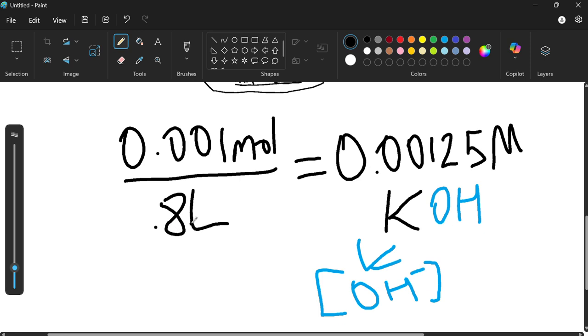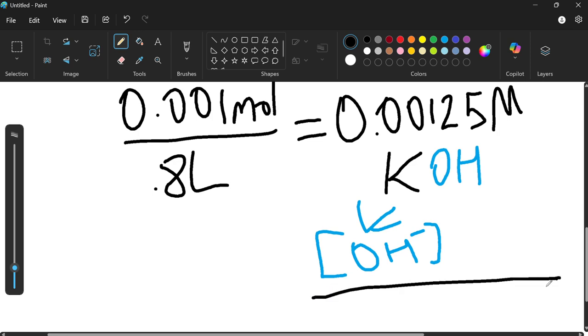Remember, convert to liters, and it will give me this concentration. And so now that we have the concentration of KOH, remember, because it's fully ionizing, since KOH breaks into K plus and OH minus, the concentration is 1 to 1 with the compound, and so the concentration of the compound equals OH minus as well.